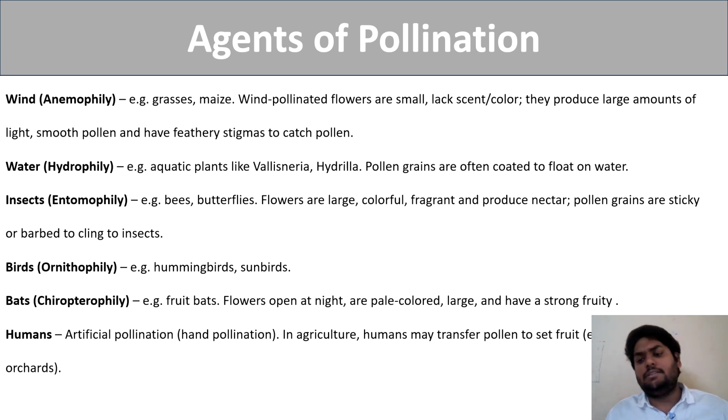Now we discuss the agents of pollination, like how the pollen grain is transferred from the anther to the female reproductive part.